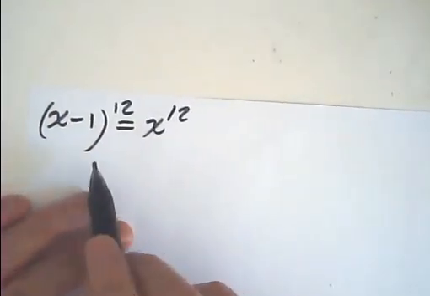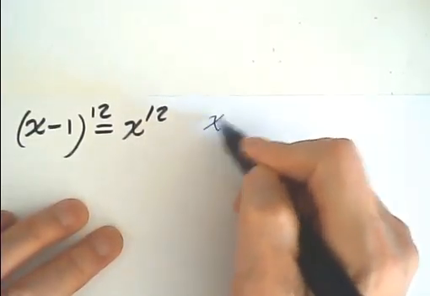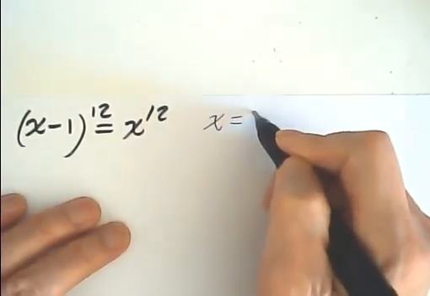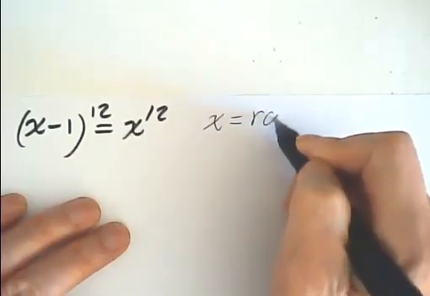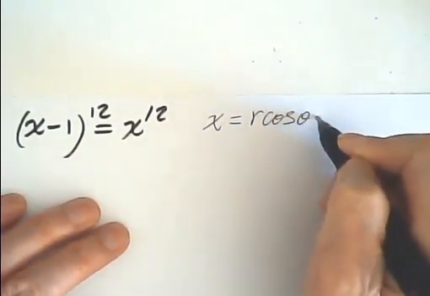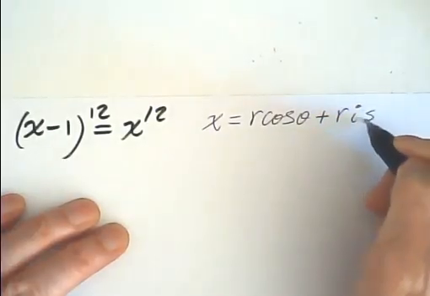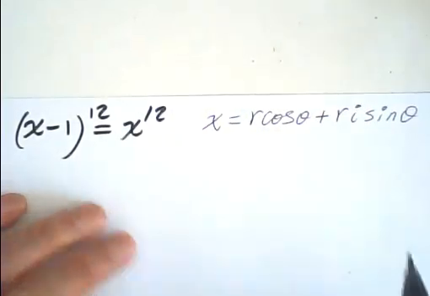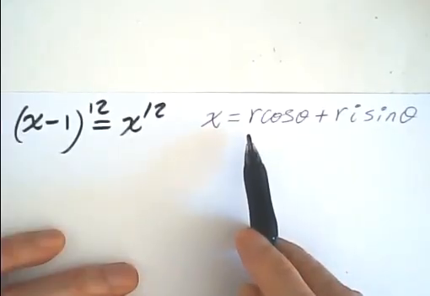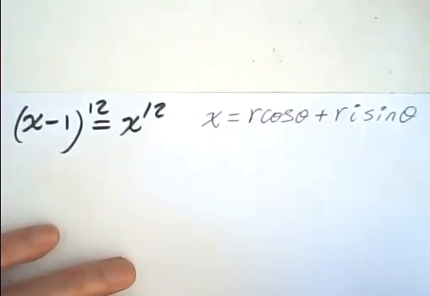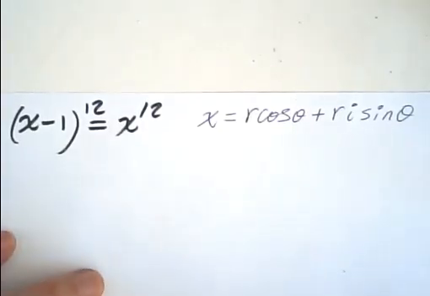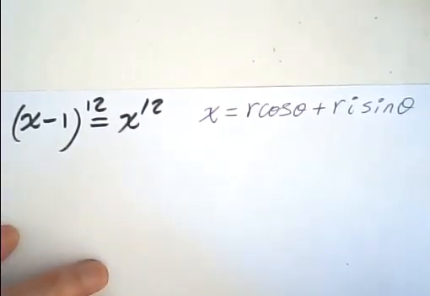And I let the x be r cosine theta plus r I sine theta. Namely, r is a modulus, theta is an argument for x.